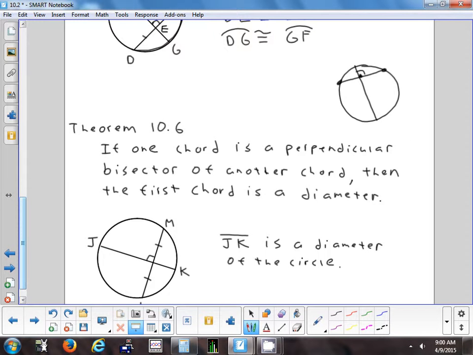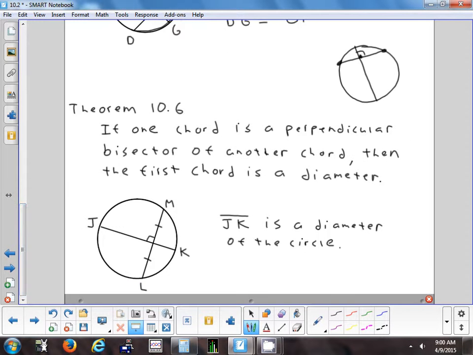Okay, actually, I already had a picture. Any question on that? So draw a chord, draw another chord perpendicular that bisects it. I guarantee you that other chord is going to be the diameter of the circle. Okay, we're going to use this idea in a second to figure out something.